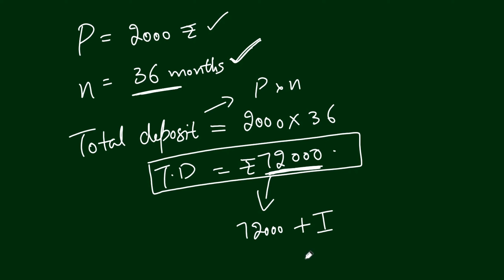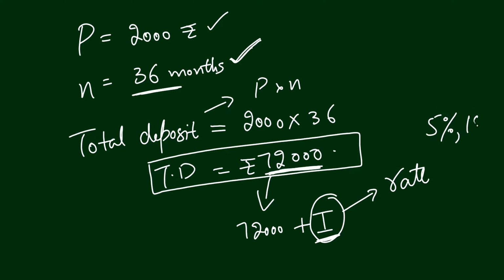It's safe with the bank. Plus, the bank gives us the benefit of interest. And this interest is calculated on the basis of a rate: 10%, 5%, 2%, 15%. This rate is different for different banks.